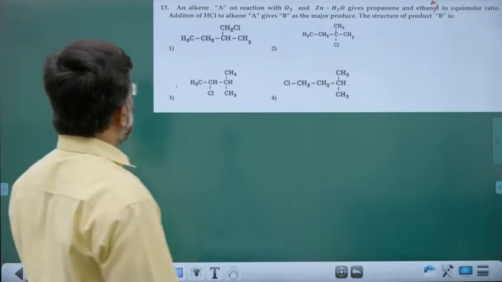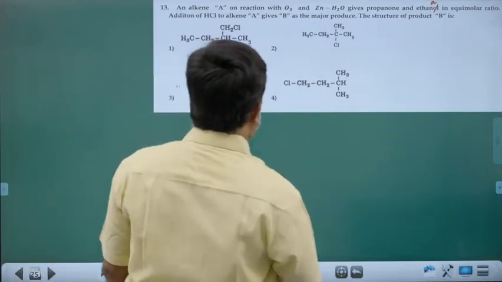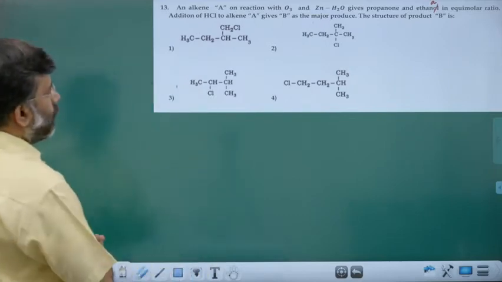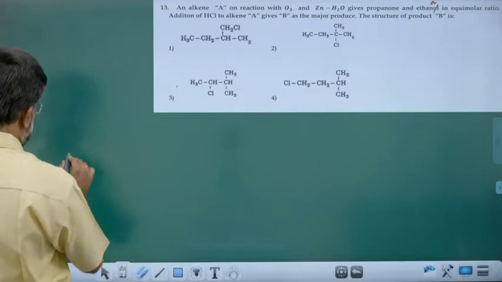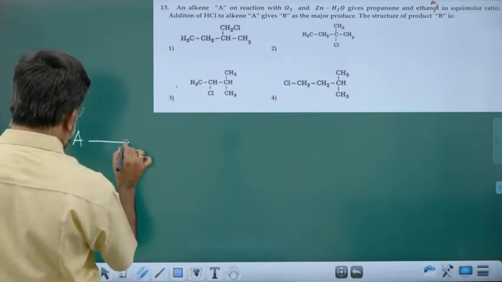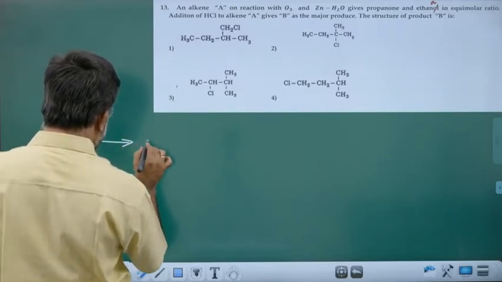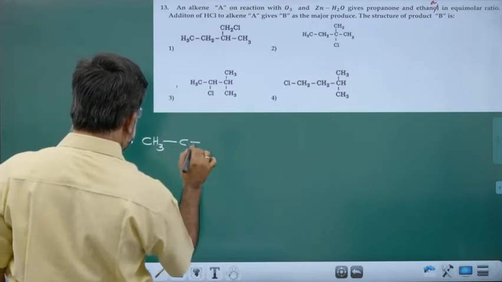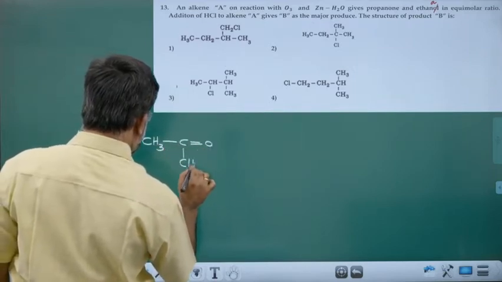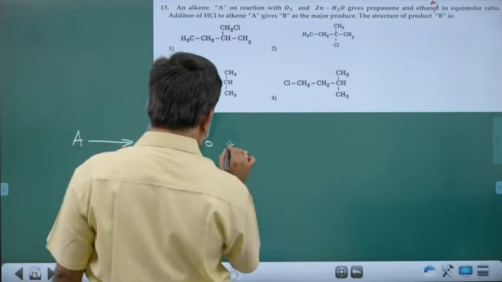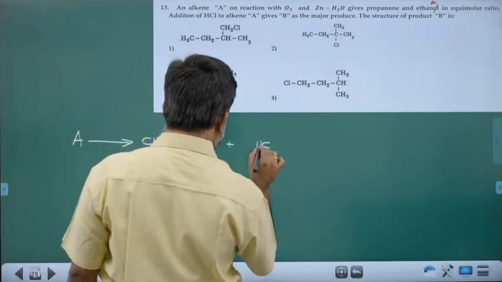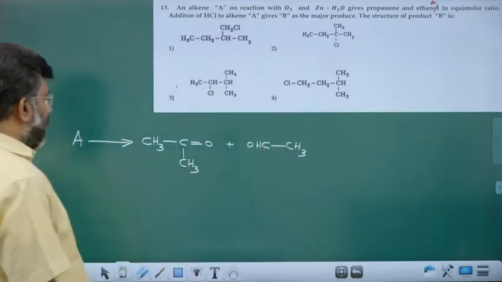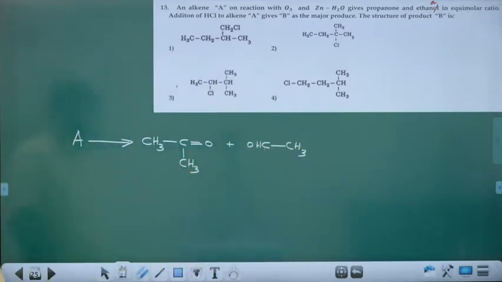So, A on ozonolysis, you are getting what? Propanal and ethanal. So what is A? That you identify first. How to identify A?